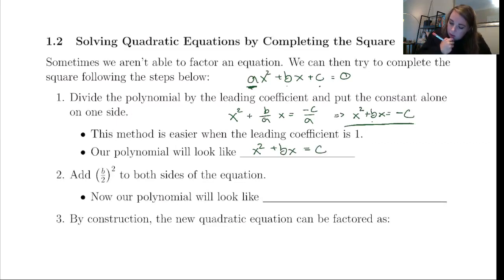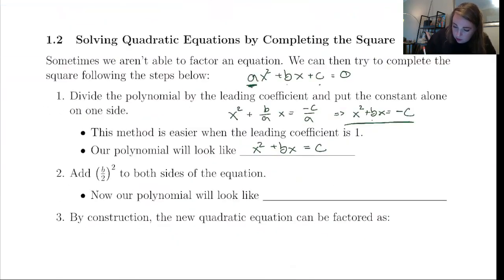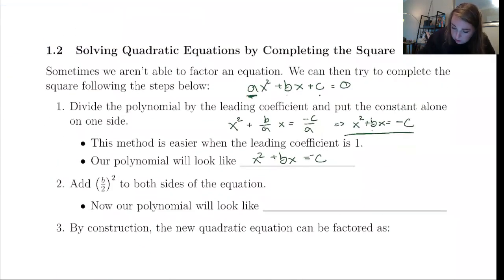Actually, I was going to change the letters. So I know this is kind of confusing because I've changed what B and C are from what the original is, but I'm just using them as C is the constant involved. B is the number that's in front of X, not specifically the number we started with, but just whatever is in front of X. It's a placeholder right now, right?